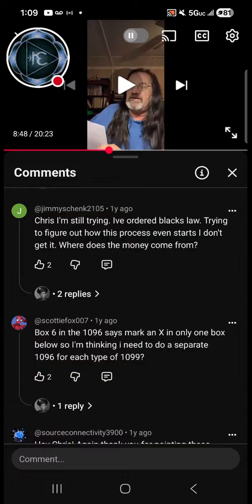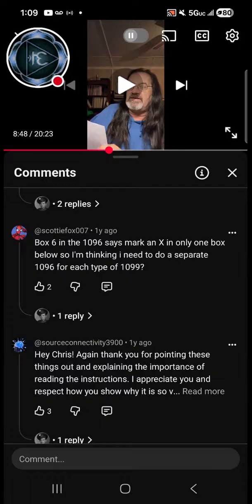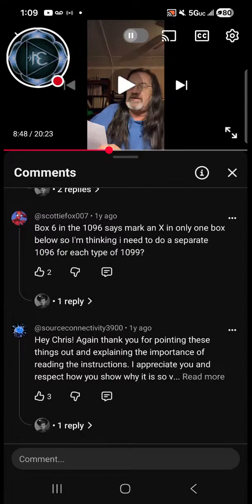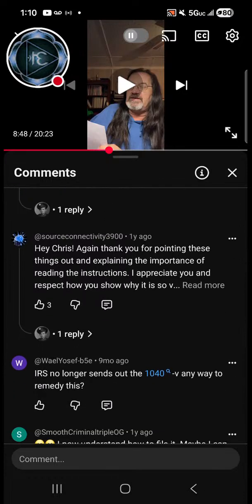Where does the money come from? Okay. Box 6 in the 1096 says mark an X in only one box below, so I'm thinking I need to do a separate 1096 for each type of 1099. Yeah. I don't even want to touch that with a 10-foot pole.